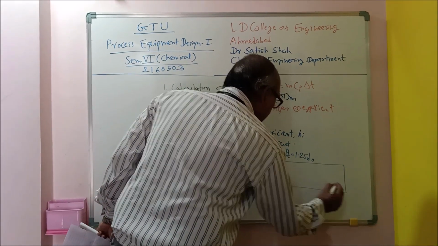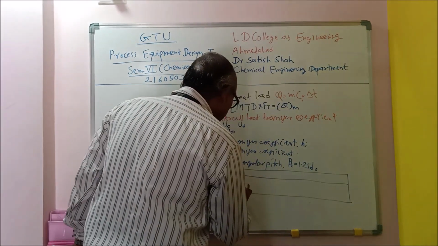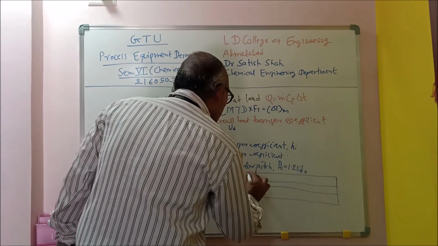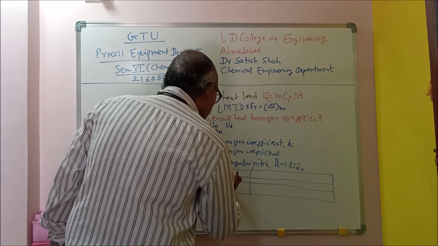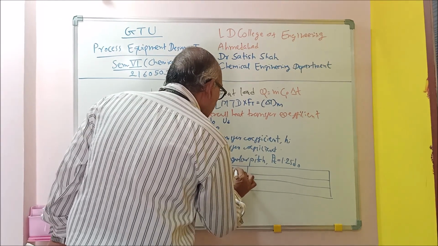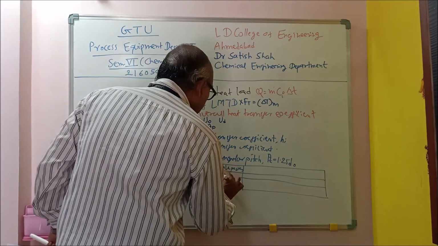So I am just listing those values over here, so you can make a note of this and use it. Here I am writing the number of tube passes, and then I will write down K1 and N1.